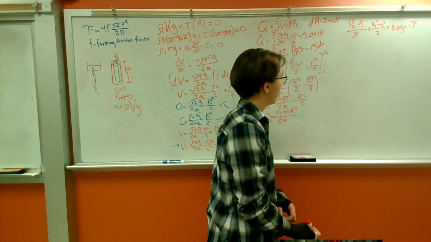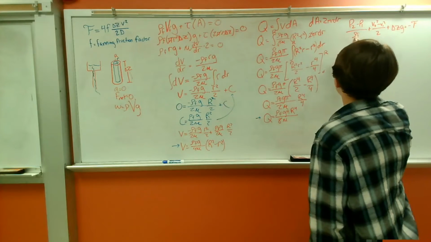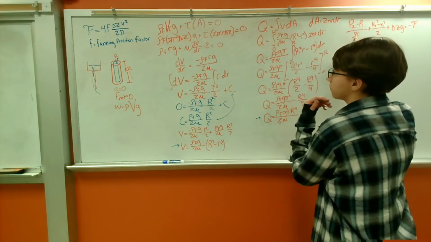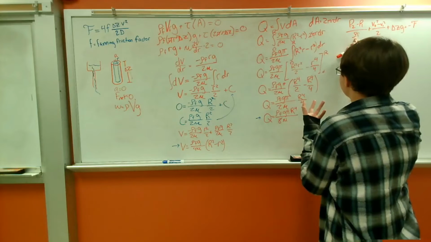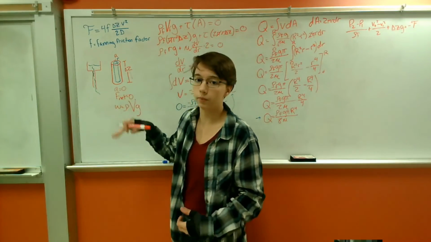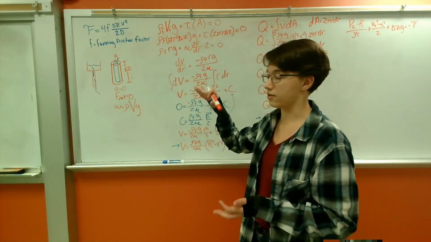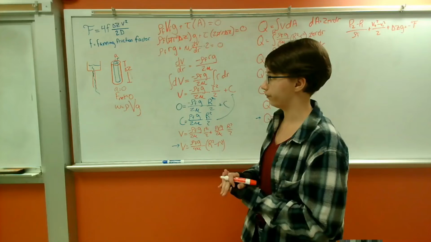Alright, so then, in terms of our problem, we're going to look at this. The pressures are not different from the top of our tube to the bottom of the tube, because we are not in a static container.